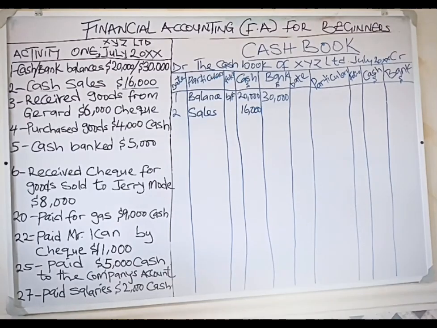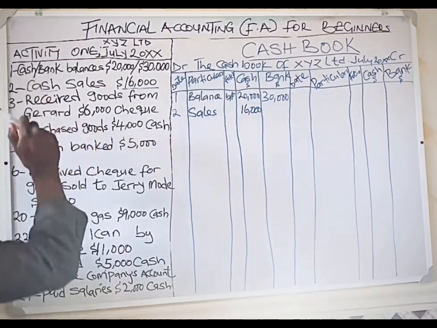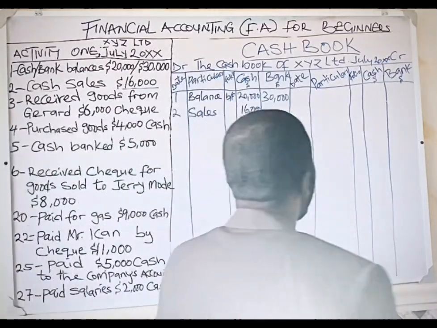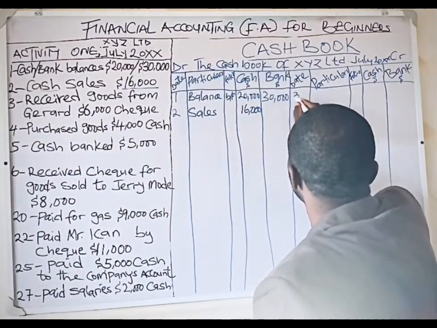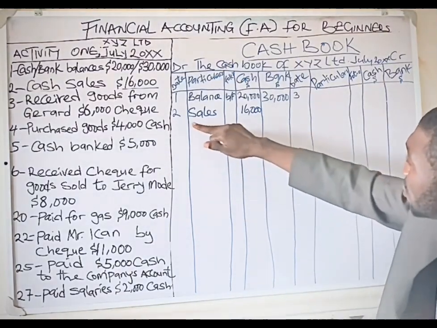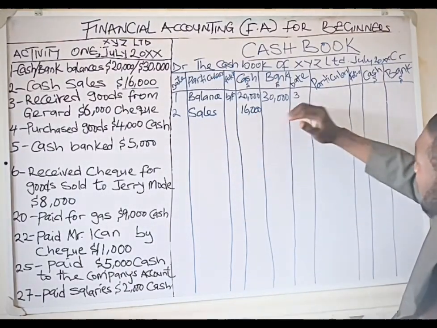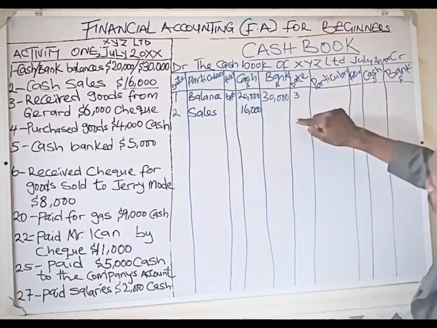So we pay $6,000 check to receive goods from Gerard. So you come here on the 3rd of July. Take note, because this is where you stopped. If you come to this credit side, the first entry, don't say, I will put it here.